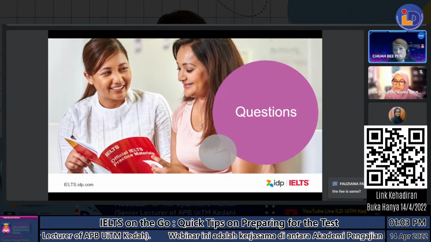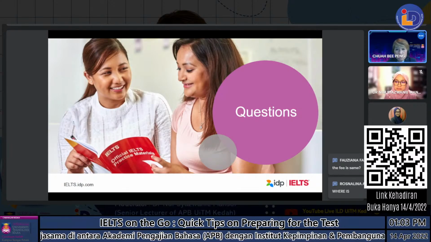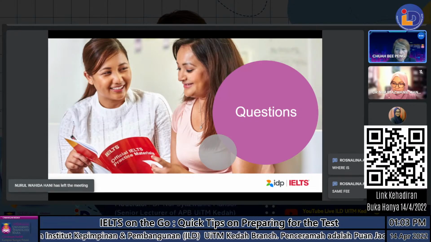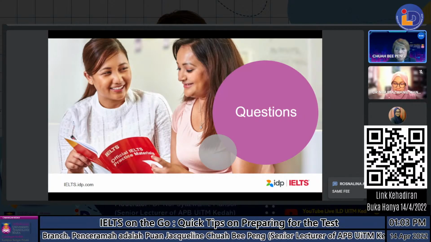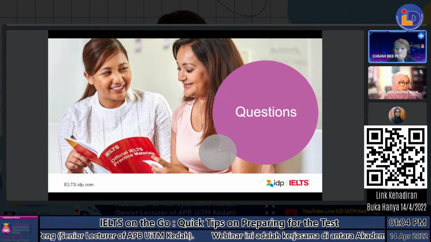The fee is usually the same. It's quite standard, but the workshop might not be. The fee for the IELTS test is the same. But the workshop, not too sure, because the duration might be different, and also the nature might be different.